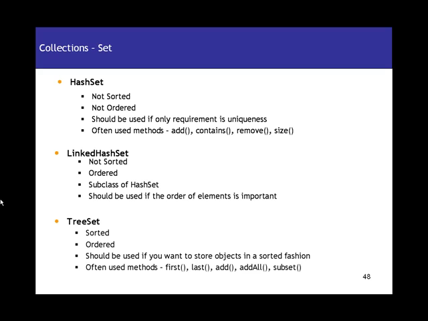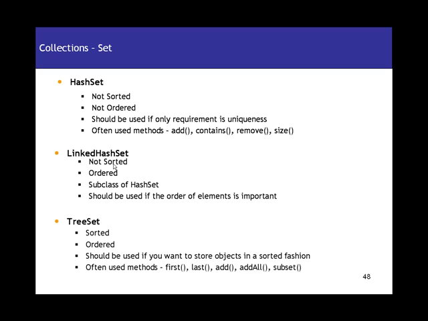So one thing about ordered and sorted is, an implementation could be ordered, but yet it could be unsorted. So this is the case which I just told you. This is ordered, but it is still not sorted. But if an implementation is sorted, you can guarantee that it is ordered.